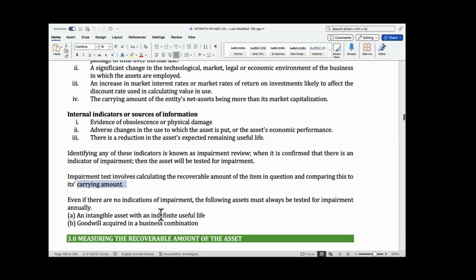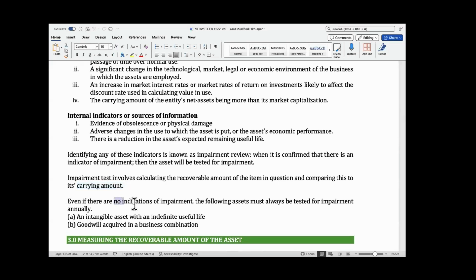Finally, when you check an asset for impairment and there are no indicators of impairment, the following assets must always be tested for impairment. From what I've said earlier, when you do impairment review, which is looking for indicators, and you confirm that any of those indicators are present, then you would test the asset for impairment.